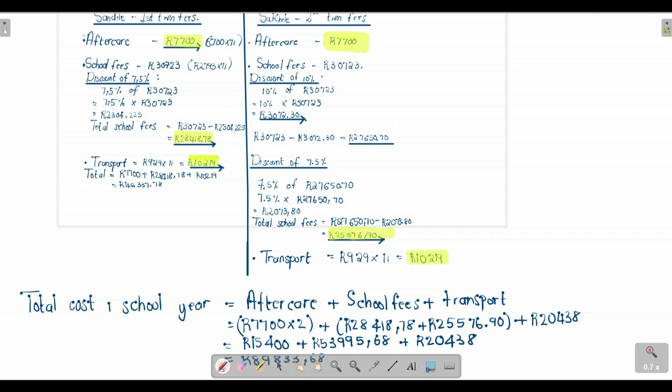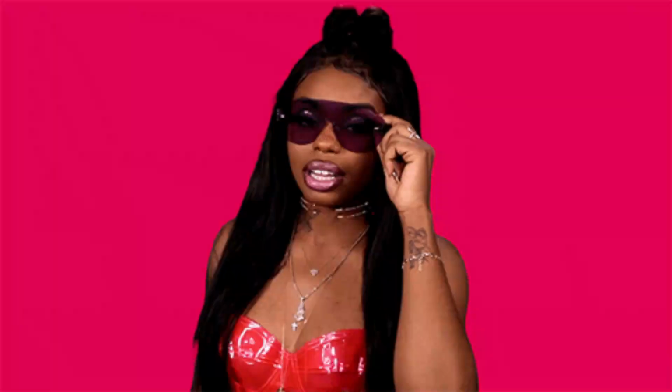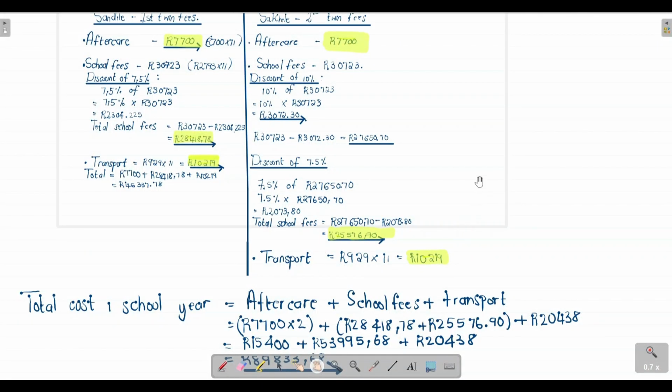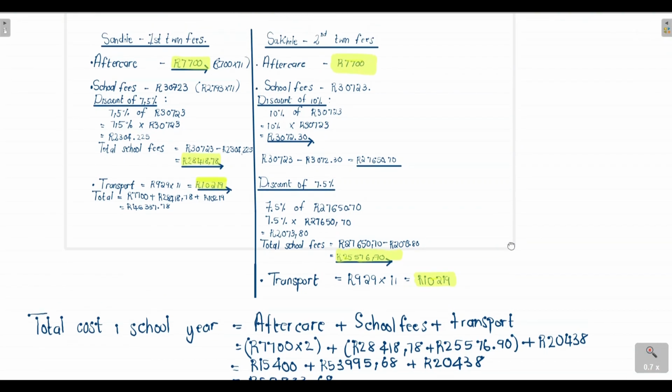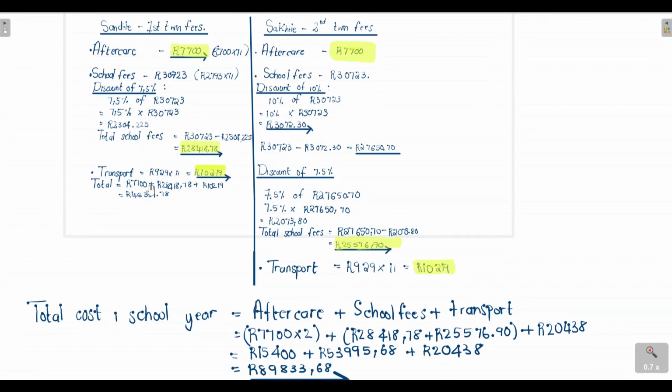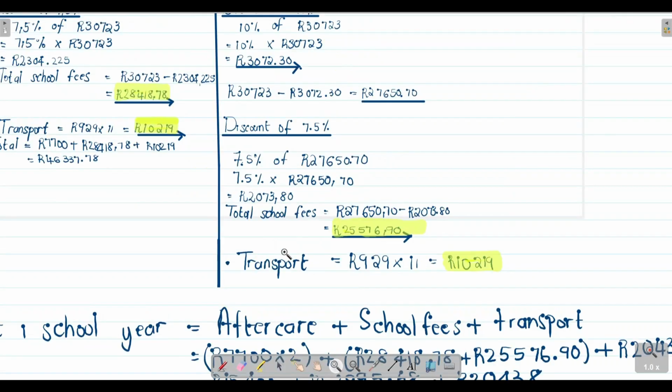Okay, so from the looks of things, these twins are probably attending at Kuro, right? Because wow, this is just too much for school fees, right? So I wanted to basically spend time here so that you guys basically understand how you need to calculate the total costs that Mrs. Dlamini pays towards her son's school fees, right?